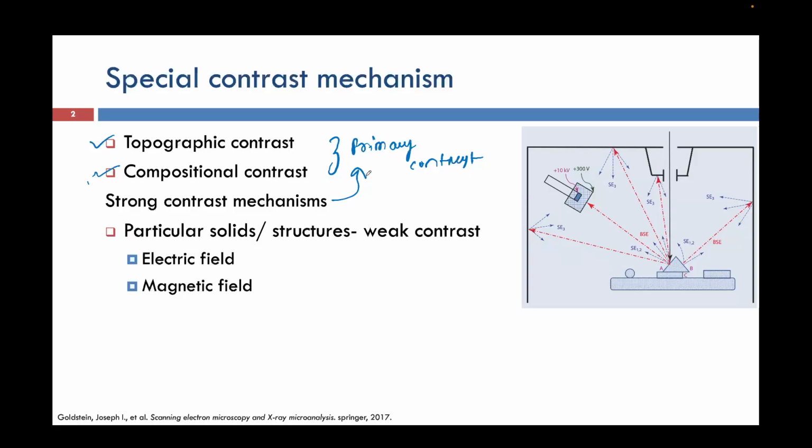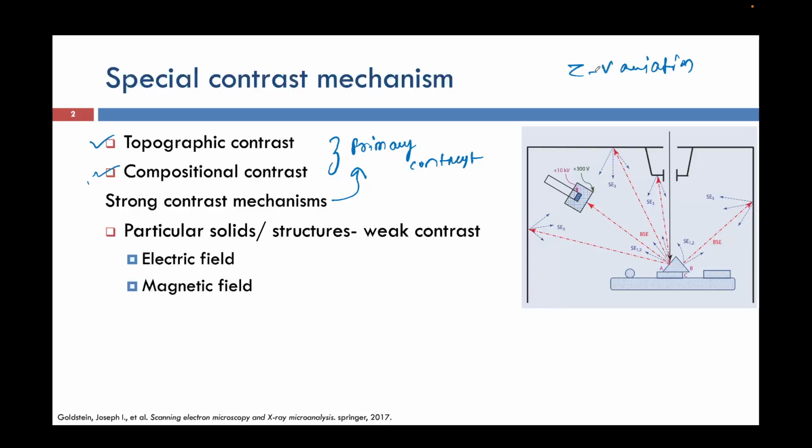Compositional contrast comes when I have different phases or different atomic elements present in my microstructure. That means if there is a Z variation in my sample, then compositional contrast will come.